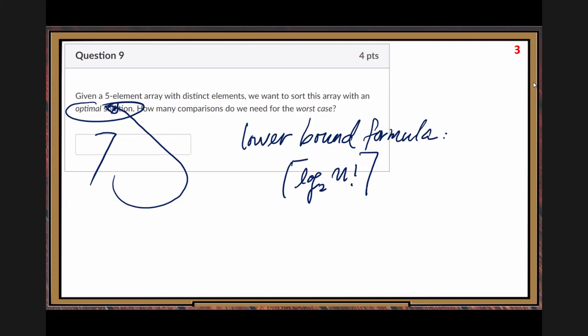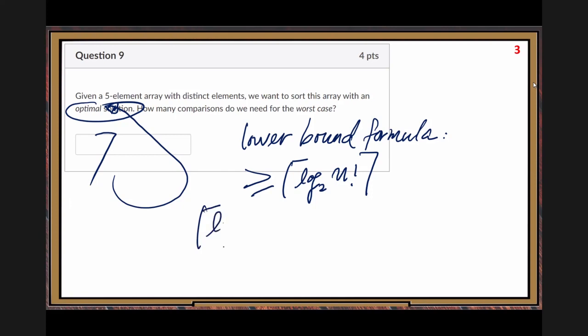Lower bound means nobody can do better than this number. If we find the lower bound equals 7, then nobody can do better than 7. That means this one is optimal. Simple logic. So let's just calculate the lower bound.